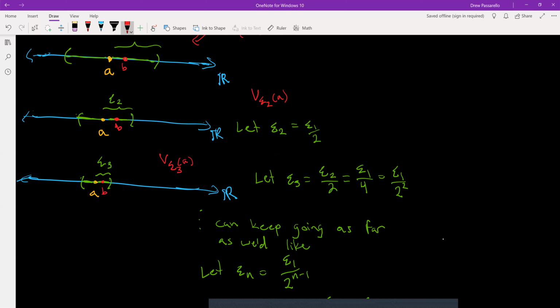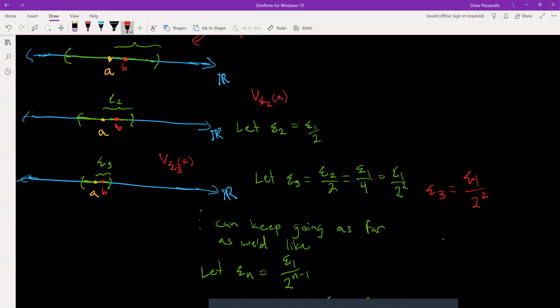And 4 is 2 squared. All right, so for the epsilon 3 neighborhood, I'm using a radius epsilon 3, which is equal to the first radius epsilon 1 divided by 2 squared, because that's the same as just keep cutting it in half, dividing by 2.